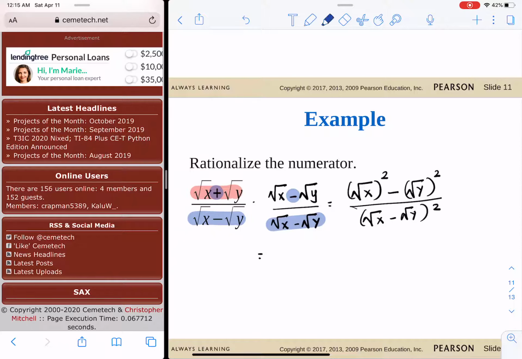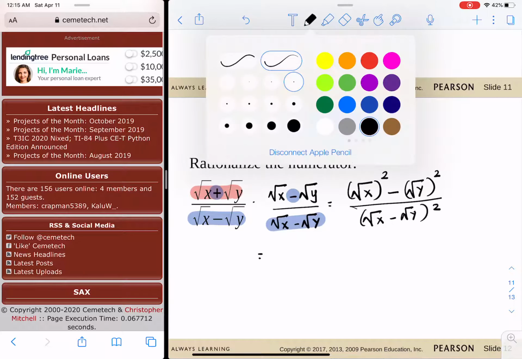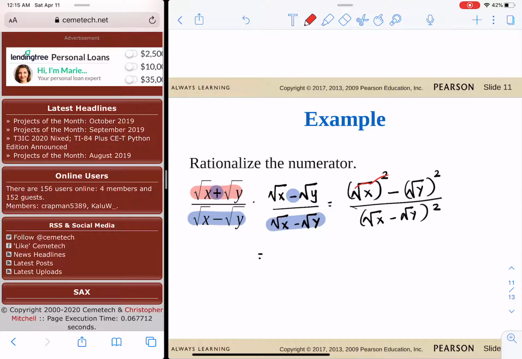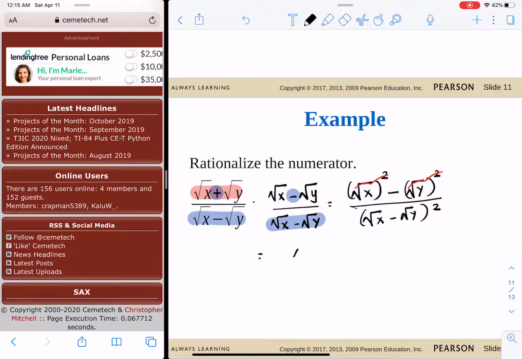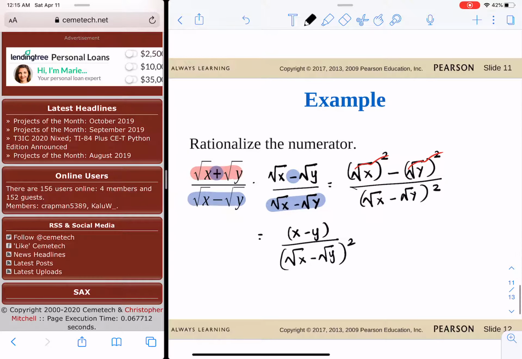So the root and the power would get cancelled there, the root and the power would get cancelled there, and we would simply have x minus y divided by square root of x minus square root of y squared, and we successfully got rid of the radical in the numerator, so we have rationalized the numerator.